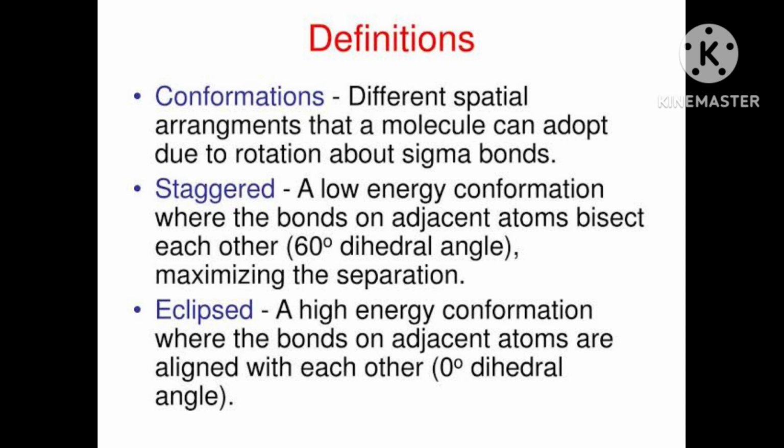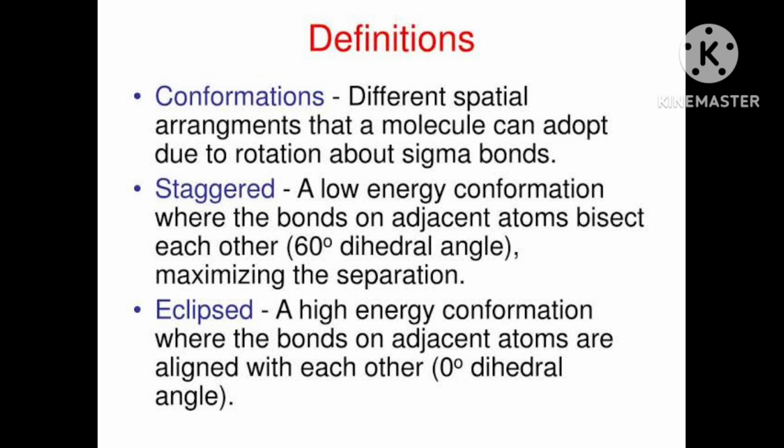The magnitude of torsional strain depends upon the angle of rotation about the carbon-carbon single bond. This angle is called the dihedral angle. Again, this question is asked. Whatever I am telling you that is important, always note it down, because that question will be asked.